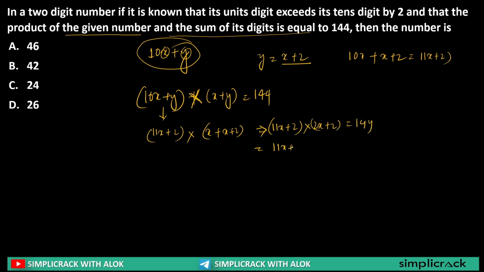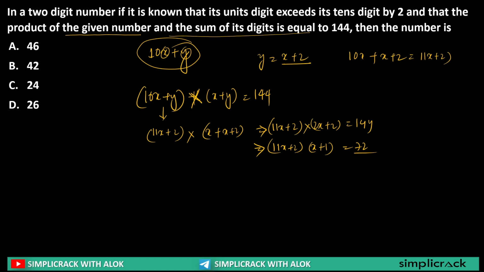Or I can write 11x plus 2, 2 I will take out, so it will be x plus 1, and I will divide 144 by it, I will get 72. Now see, we can do this whole thing in 2 different ways.